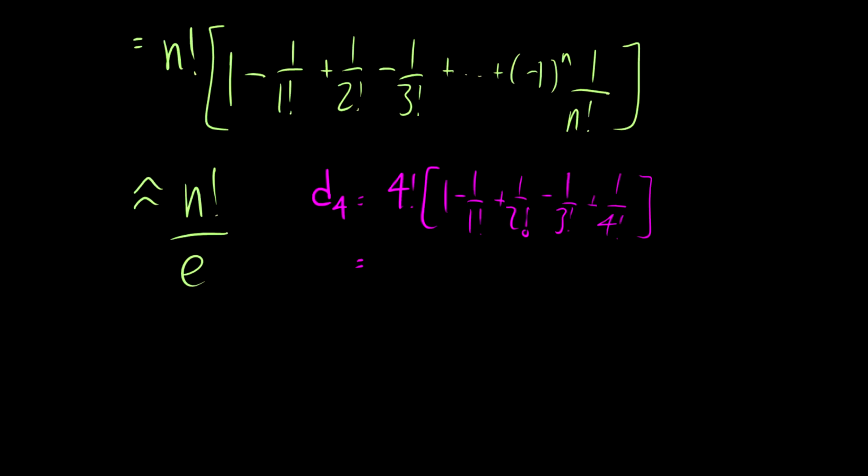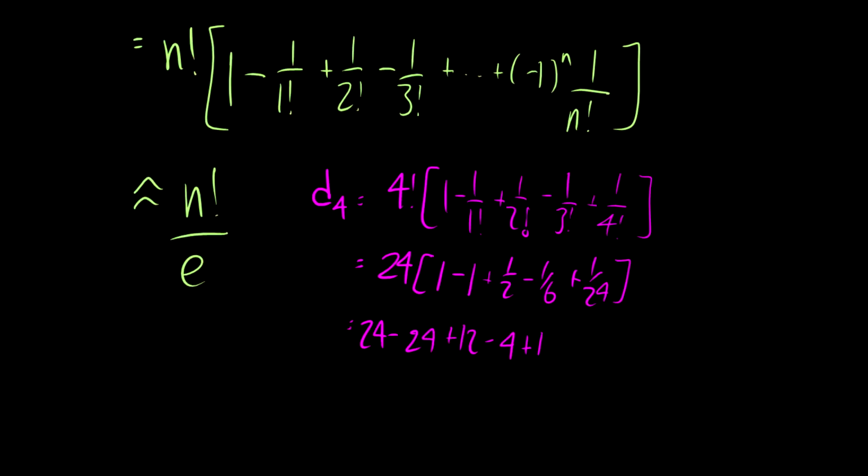We can expand it, but this is really just 24 times 1 minus 1 plus 1/2 minus 1/6 plus 1/24, which we can simplify to 24 minus 24 plus 12 minus 4 plus 1, which is just equal to 9. So there you have it.